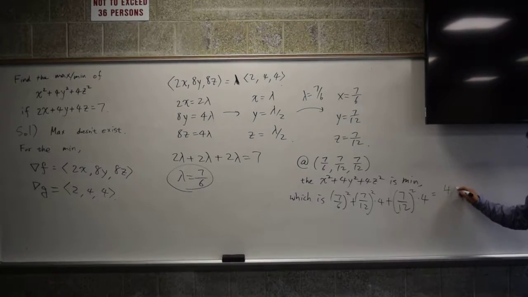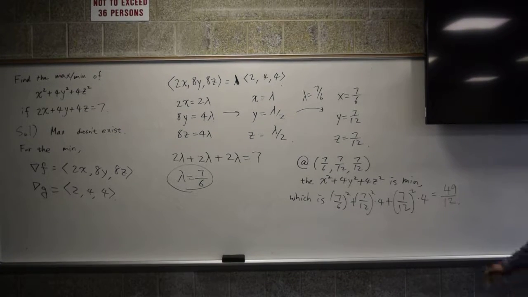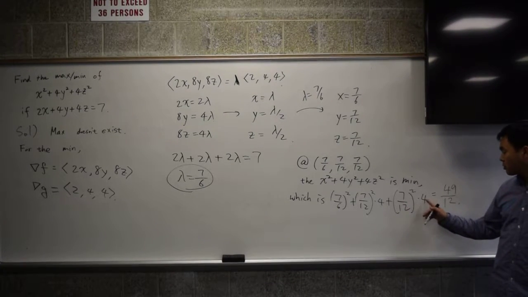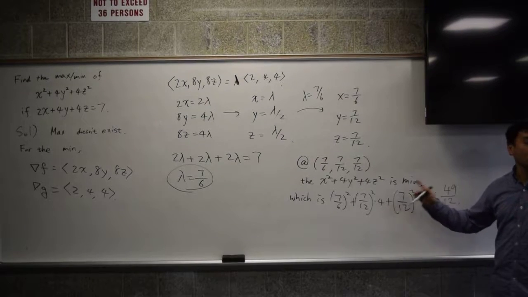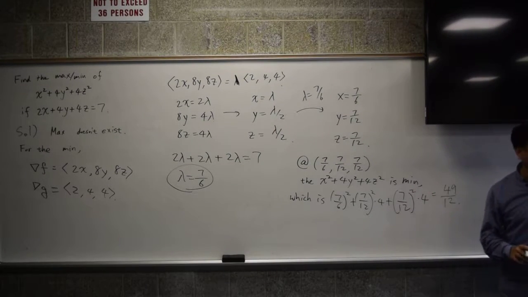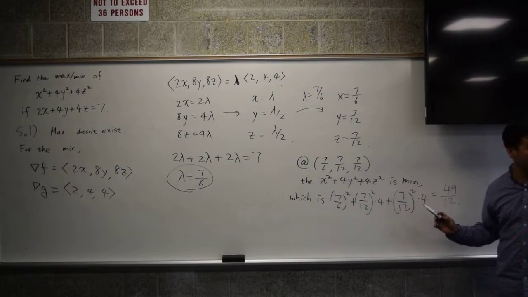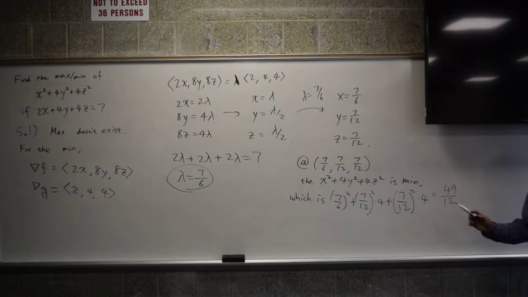Yeah. Should be 245 over 6. Wait. It's 144 and 4, so it's 36. The first gives you 49 over 36 if you put it in. The second and third equal 49 over 12.